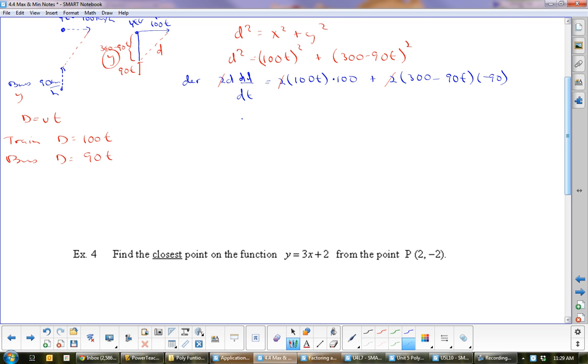And we can simplify a bit if you want. dd over dt equals 10,000t minus 27,000 plus 8,100t. 27,000, sorry.